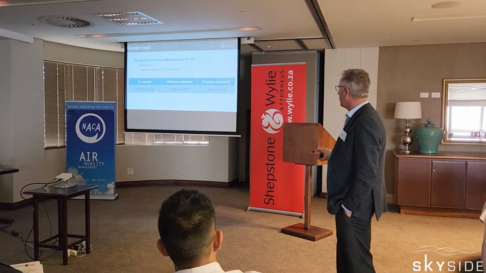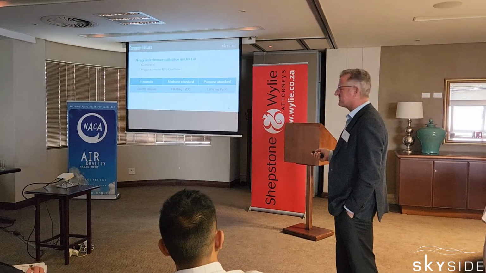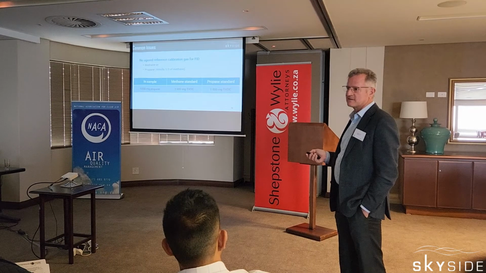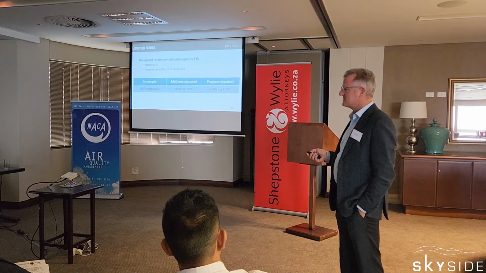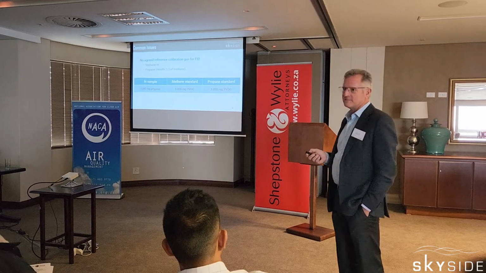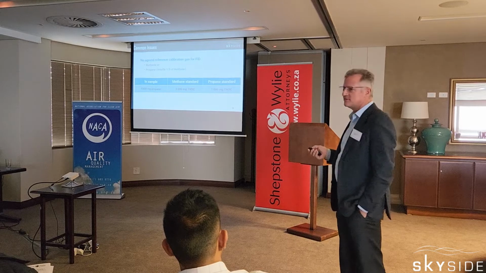So if you calibrate your FID with methane, and you put in 1,000 milligrams of propane, bear in mind you're going to end up with a result that says 3,000 milligrams total VOC. If you've calibrated with propane, you're going to end up with 1,000 milligrams. So a very convenient way, if you're so inclined, to reduce your results by a third.